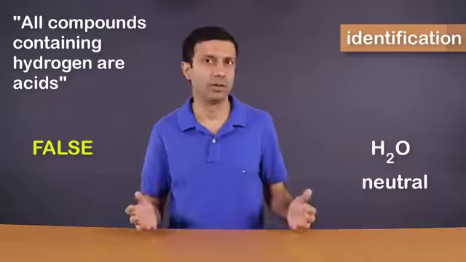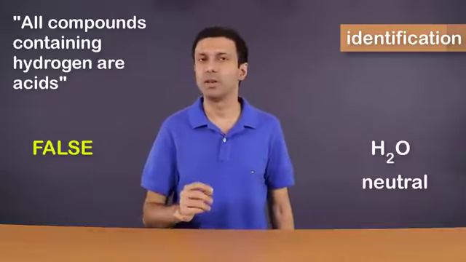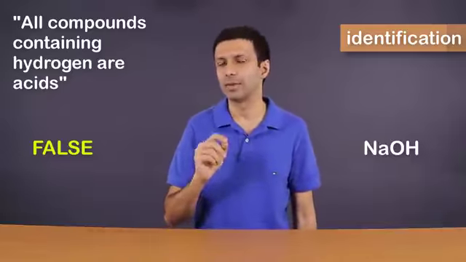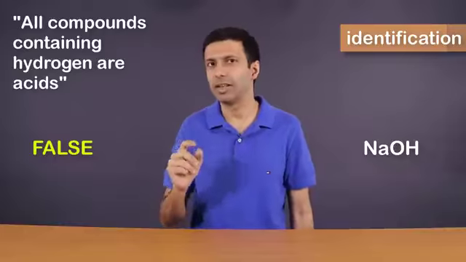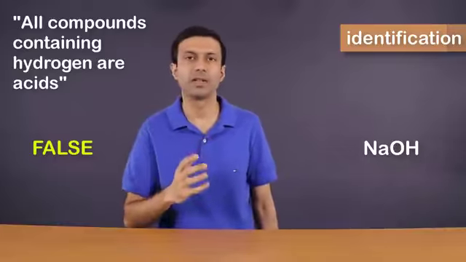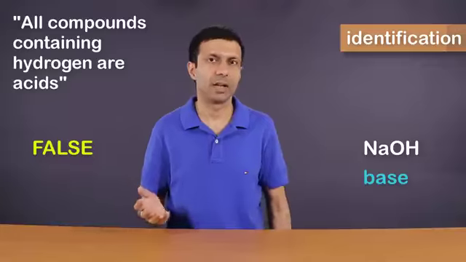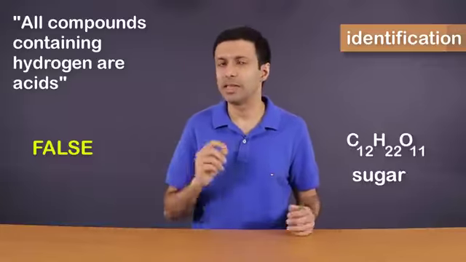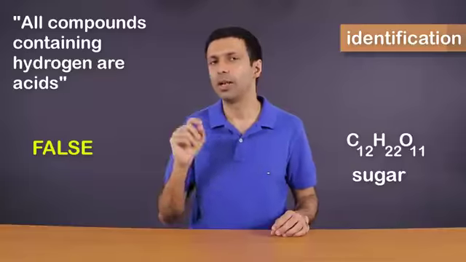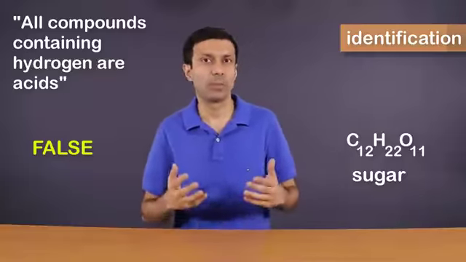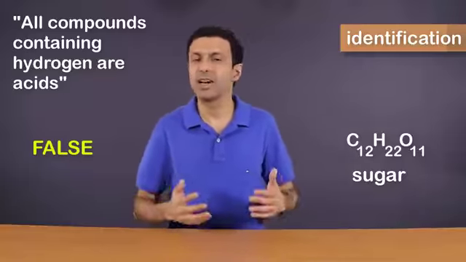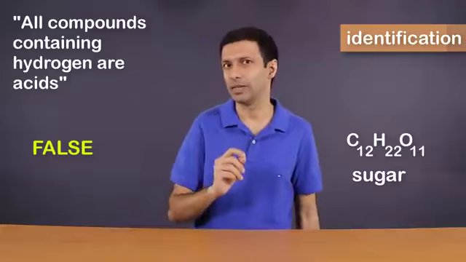It's neither acidic nor basic. Water is neutral. Another example is sodium hydroxide, NaOH. It contains hydrogen, but it's a base. And the sugar that we eat, C12H22O11. Sugar doesn't show the properties of an acid. It doesn't have a sour taste. It's sweet.